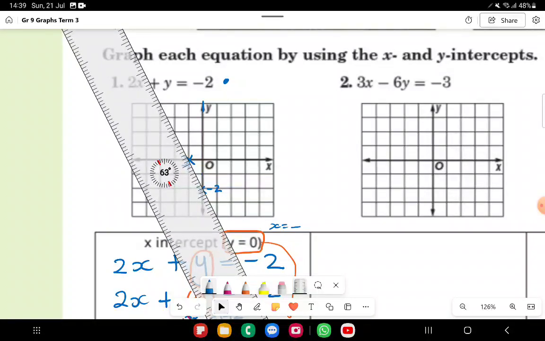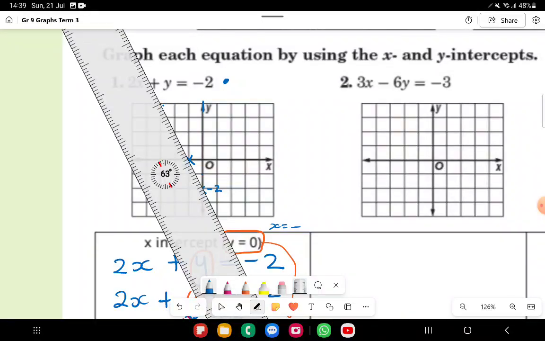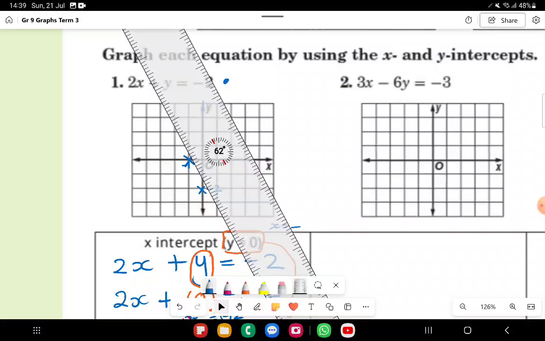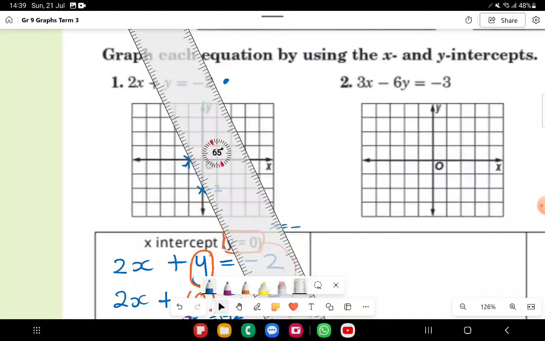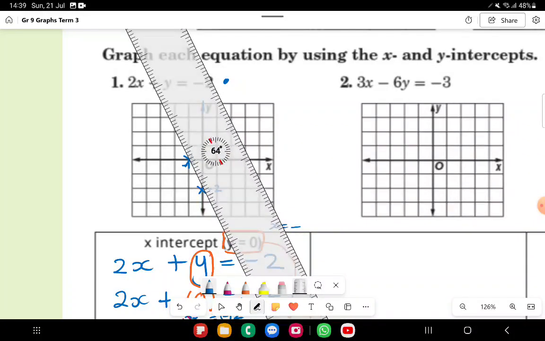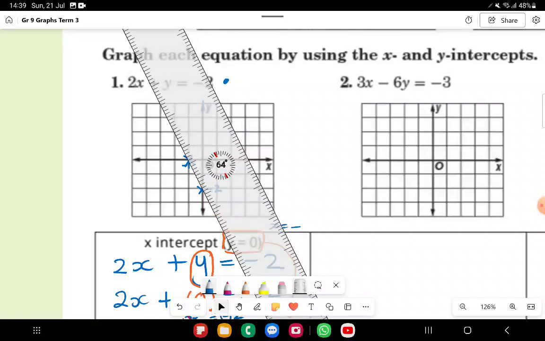Okay, hold on. Looks good. I want a pen. Stop doing that. Okay, let's try this way. See, I'm struggling now with the ruler.